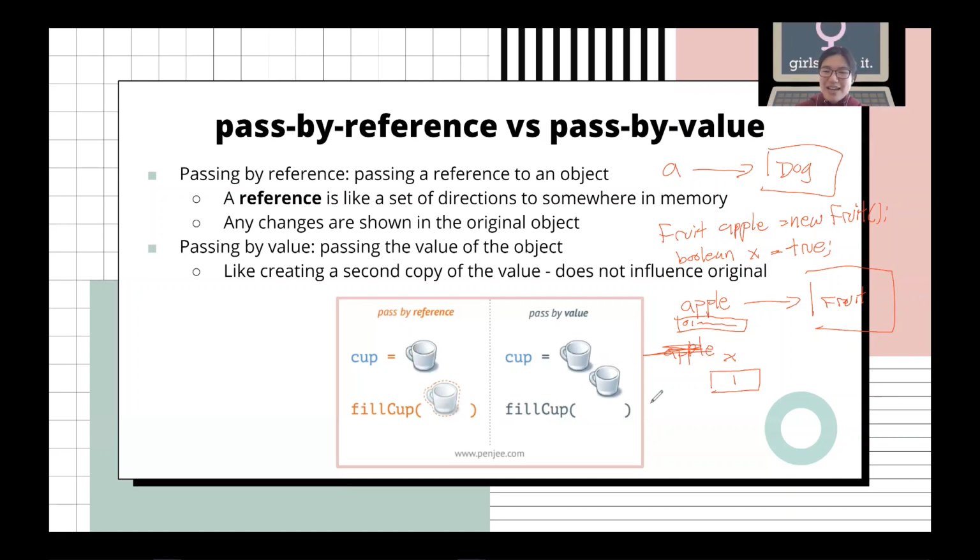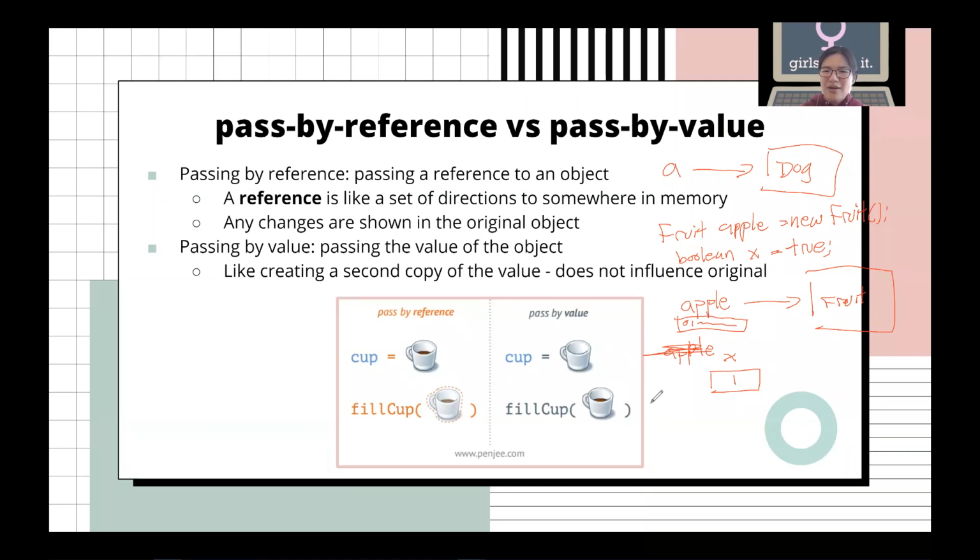Exactly. So primitives are types of values that can be directly translated into numbers. Just like you said, true and false can be 1 and 0. Characters can be any number on the ASCII table. And integers and doubles are actually numbers.